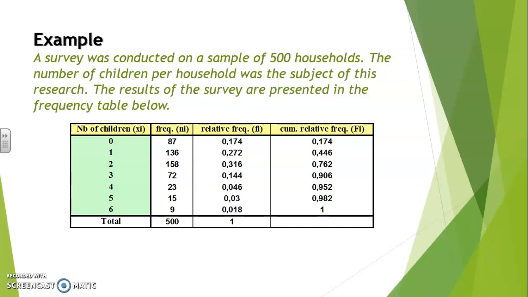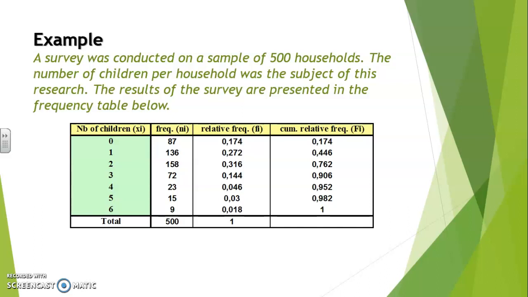Those frequencies are then translated into relative frequencies. So these are proportions. So 87 households out of 500 represents 17.4% of households with no children. And finally, the last column presents the cumulative relative frequency. So here we are tallying the observations and adding them to one another up till a certain group.